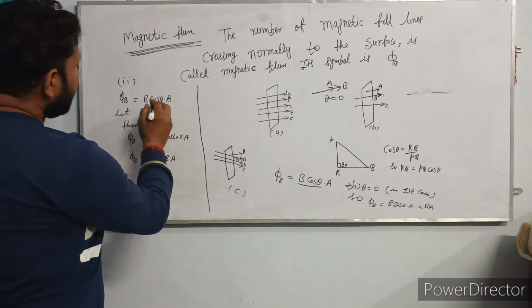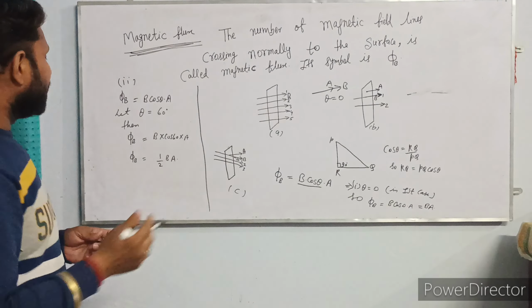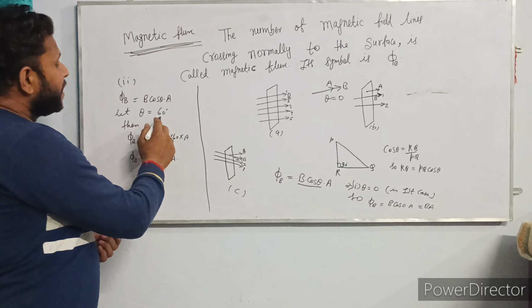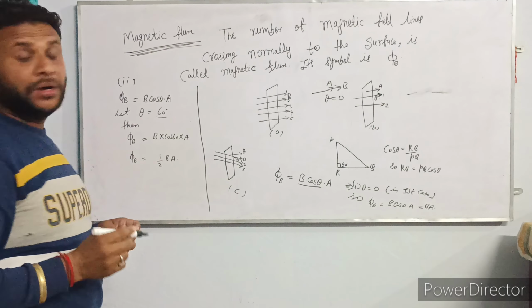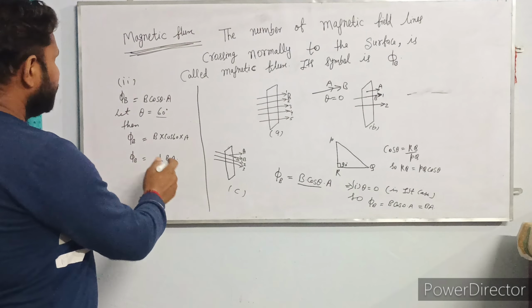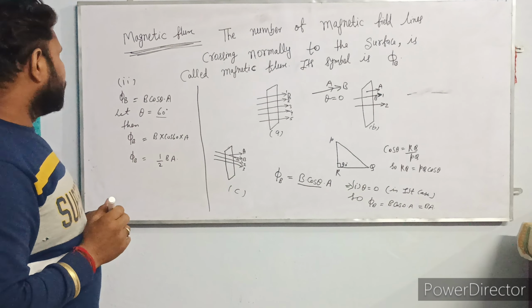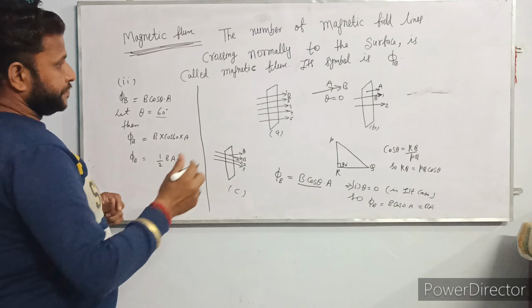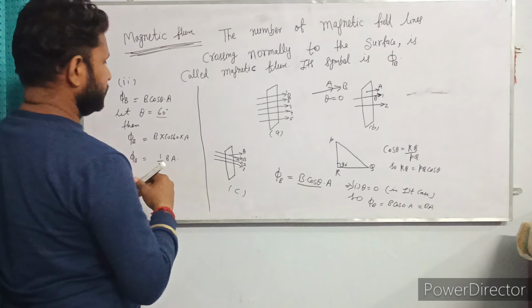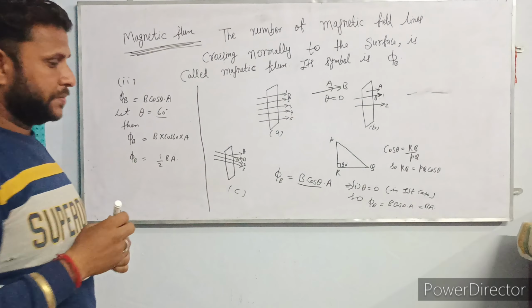Okay students, the formula is this, but when we consider some angle theta, we have assumed a 60 degree value of theta, then magnetic flux equals 1 upon 2 BA. Please note down this.